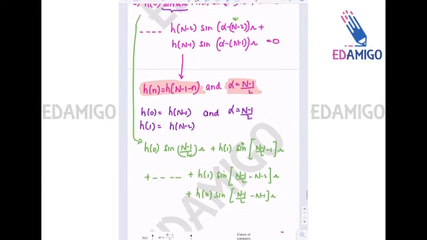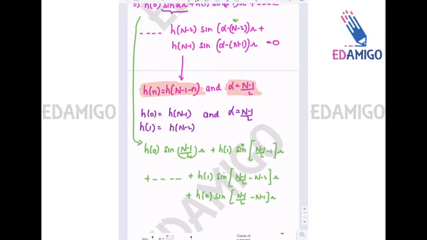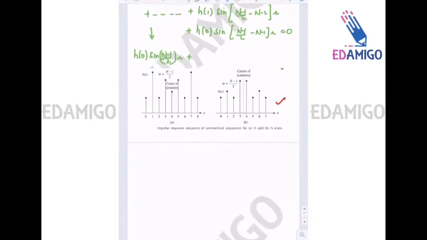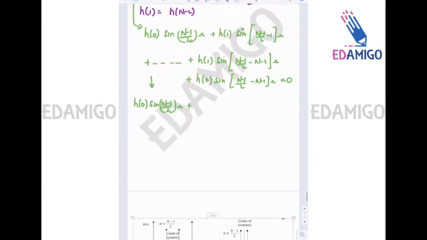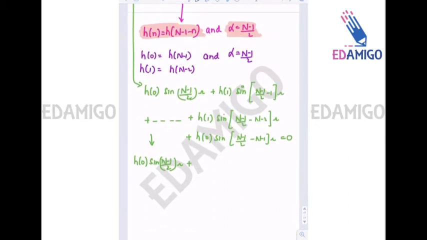So now again I try to write this equation in the simplified format equal to 0. I can see that the first term is sine of n minus 1 divided by 2. So I need to shift this image. Okay, so the second term will be h1 sine of n minus 3 divided by 2 sigma.